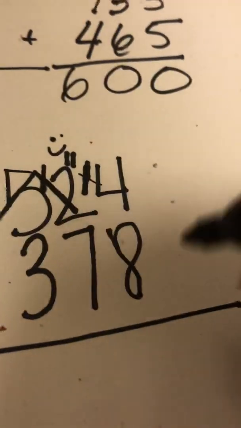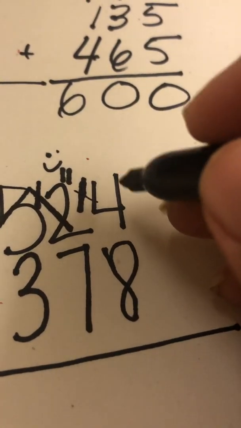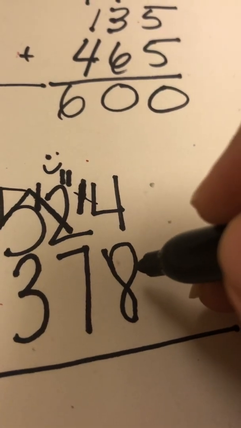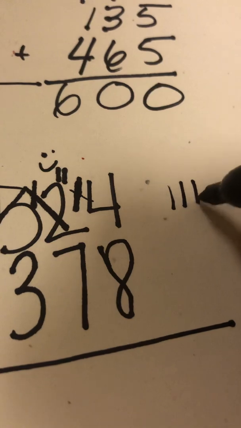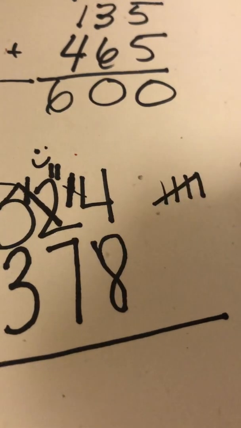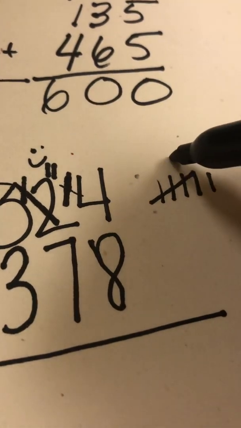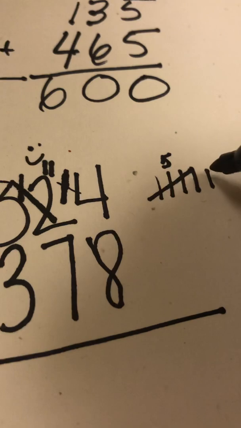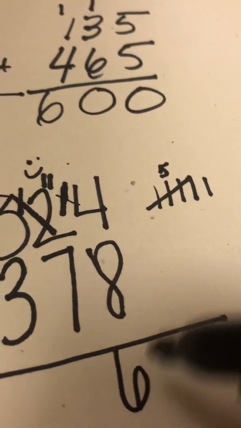I have 6. If you don't want to use your fingers, you could say, okay, let's count up to 14, starting from 8, so I can tally mark 8, 9, 10, 11, 12, 13, 14. So what was that? 5 plus 1 is 6. So the answer would be 6.